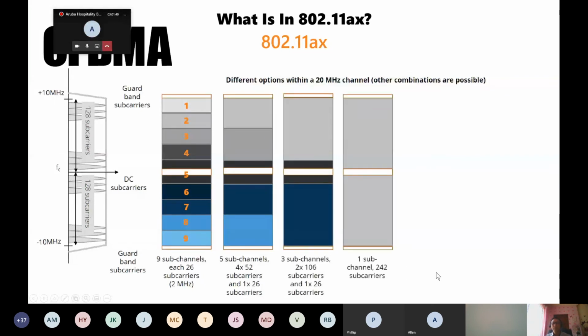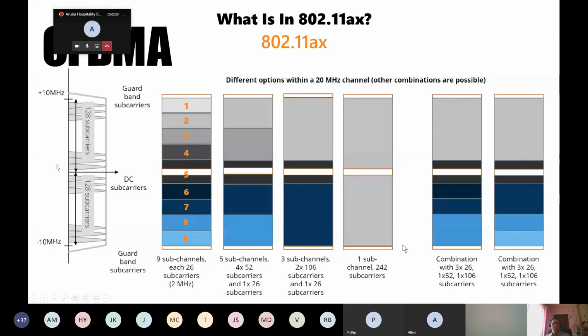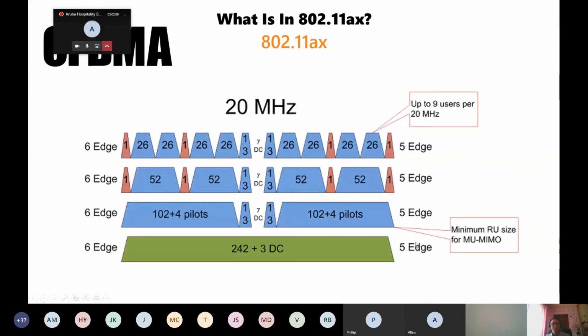It can be different combinations, different sizes of packets. That's the interesting thing about Wi-Fi 6. So you can send to multiple different users of different packet size.